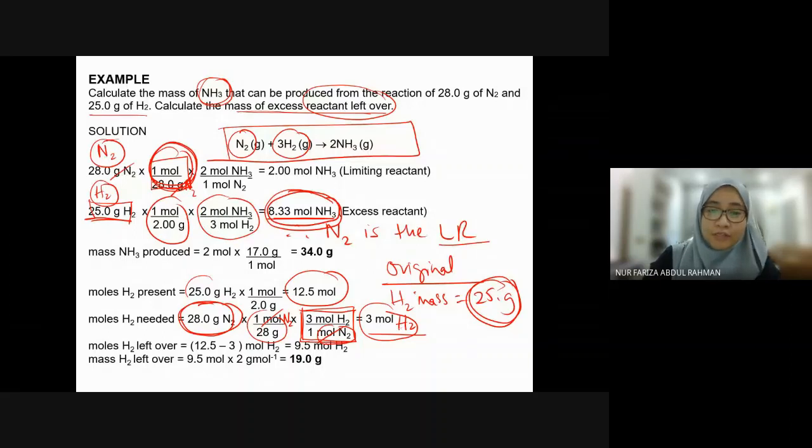So in order to find the leftover, 12.5 minus 3 mole of hydrogen is equal to 9.5 mole of H2. So this amount of hydrogen remains in the reaction. Convert into gram, and then we have the final mass for the leftover.